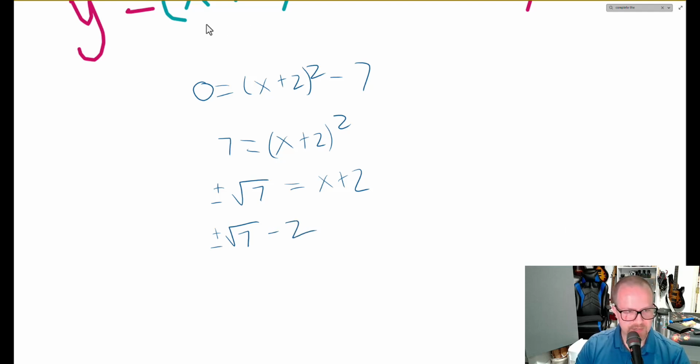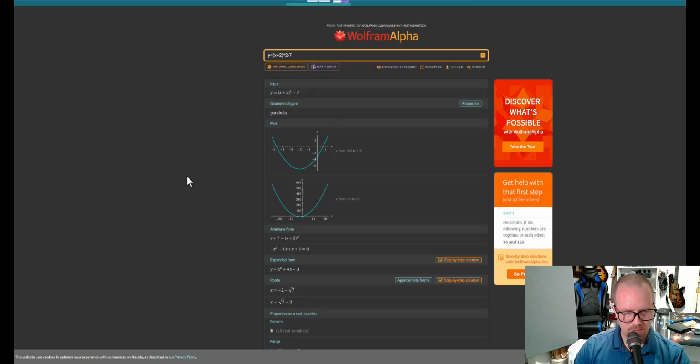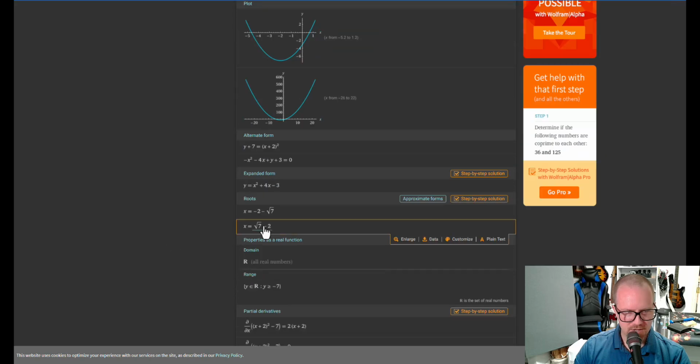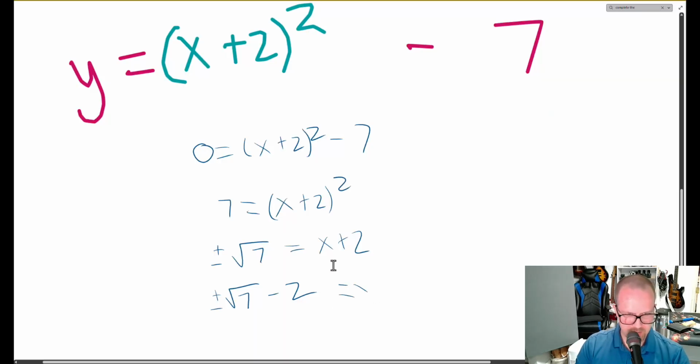Going to reality check myself here. Taking a look at the Wolfram Alpha form, we can see our expanded form matches, and the roots are indeed plus or minus 7 minus 2. Very cool. Oh, and I suppose we should say equals x to make that answer complete.